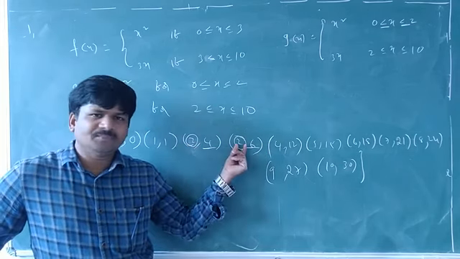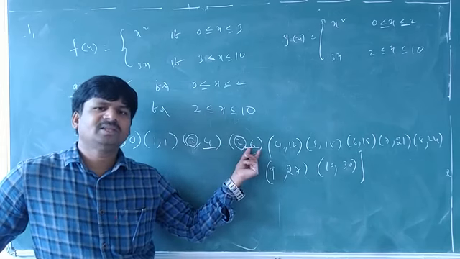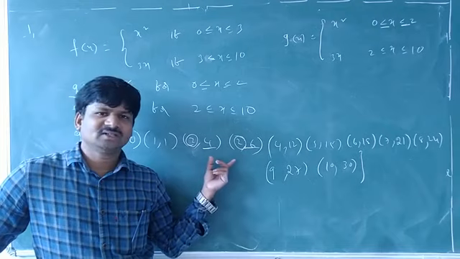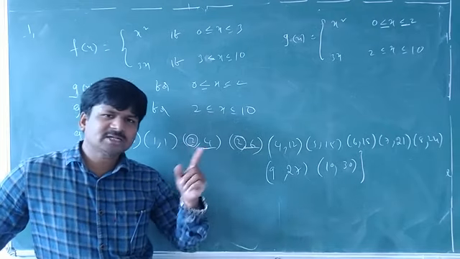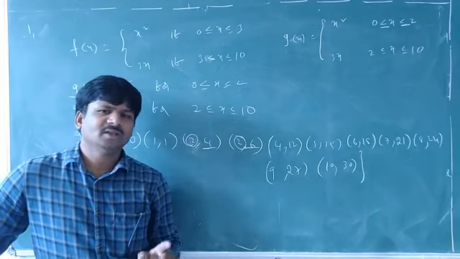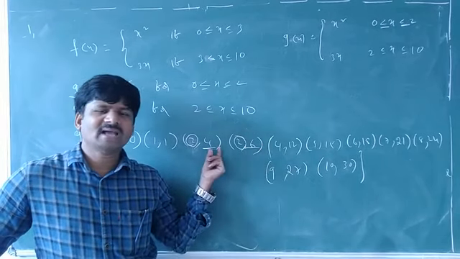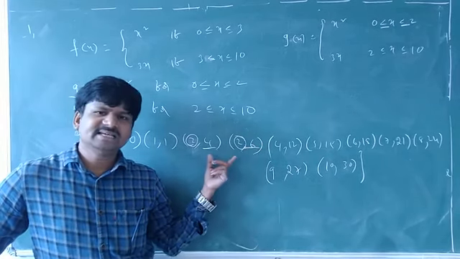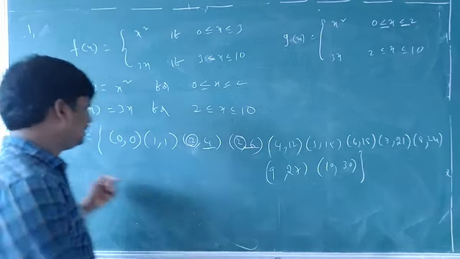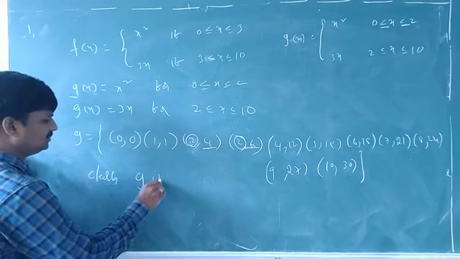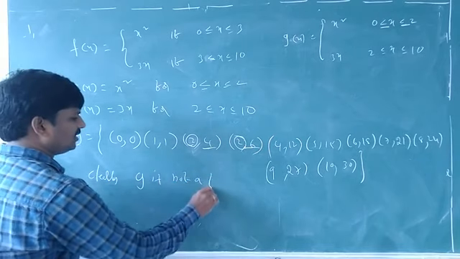First elements are the same, second elements are different. According to the definition of function, it is not a function. Why? Because every element must have only a unique image, only one image. But 2 has 2 images. Hence, g is not a function.